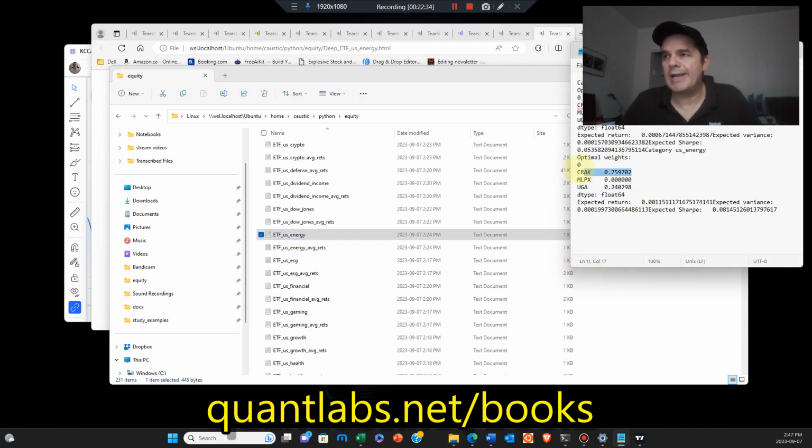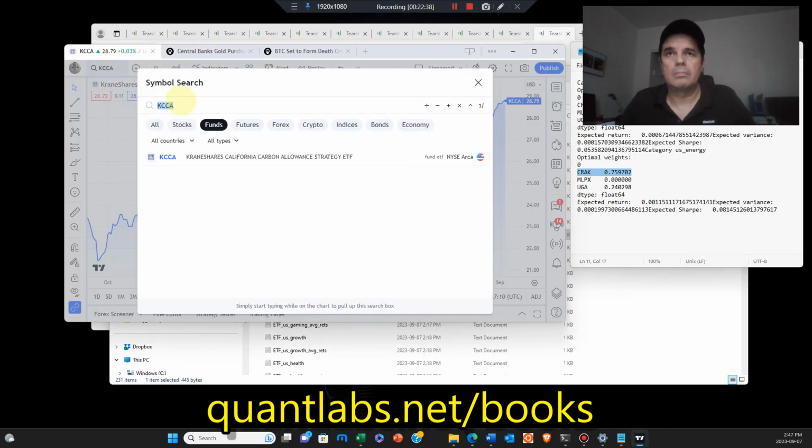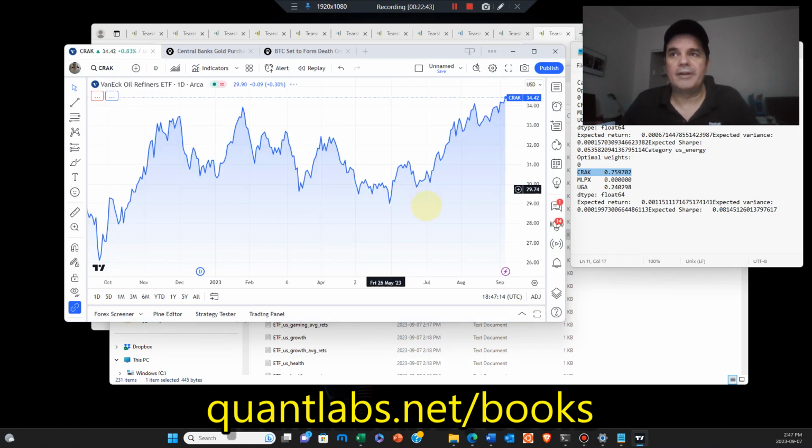The first one's CRAK. I think those are frackers, oil refiners. You can see this one's not too bad since January 23rd. Nice steady return. I mean, $30 to 34. That's a 10% return. Better than what's going on in the general markets right now.